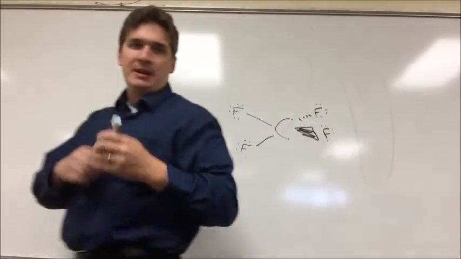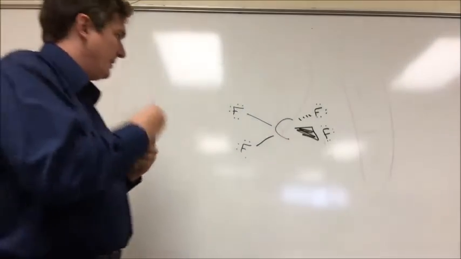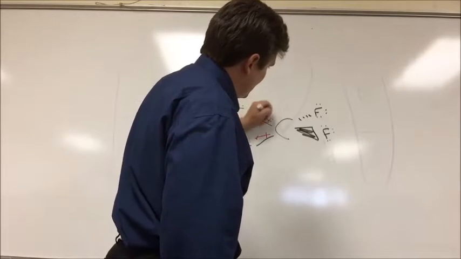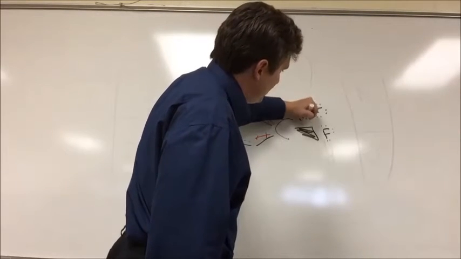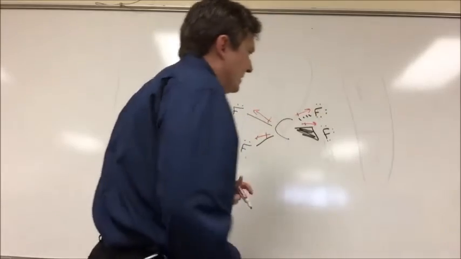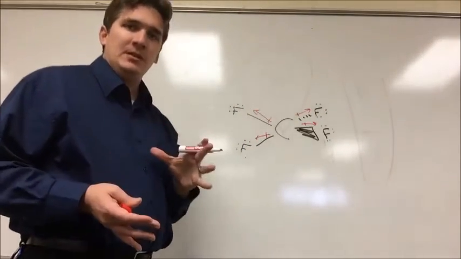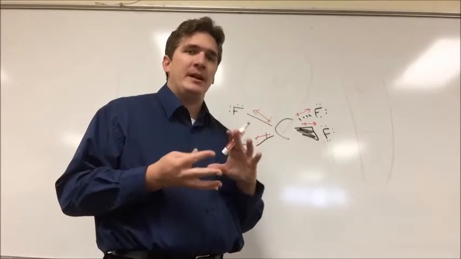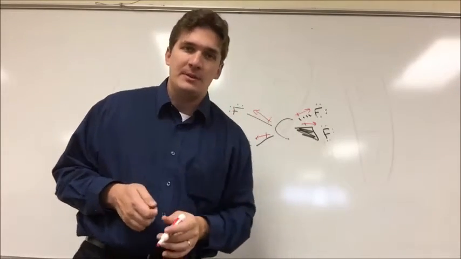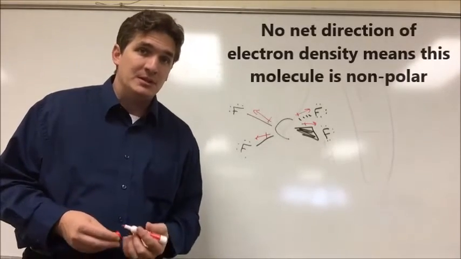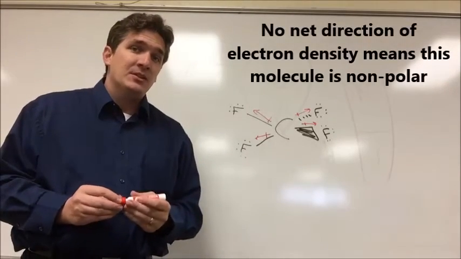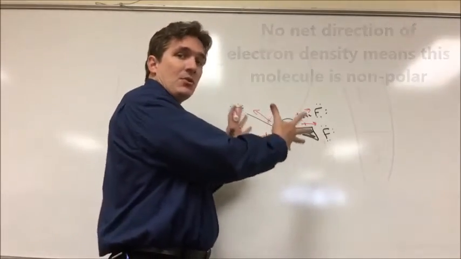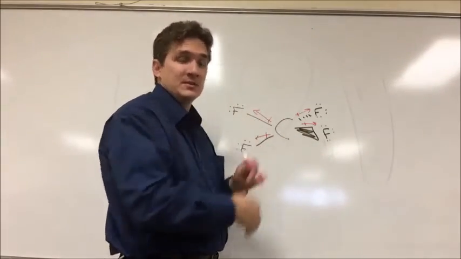Now if I start putting my arrows together, I have all the arrows pointing away from carbon. So as I look along each bond, each fluorine atom is pulling electron density away from carbon. But if I look at this in 3 dimensions, basically I have an outer sphere of negative fluorine atoms and an inner core of a positive carbon atom. So I don't have a polar molecule in this case because there's really no net direction. The fluorines have all pulled them out towards the outermost edge of this molecule, so the whole thing looks negative. There isn't a north pole or a definitive south pole.